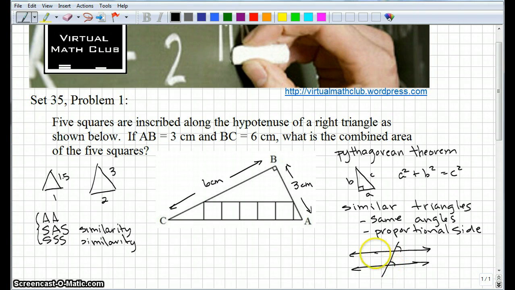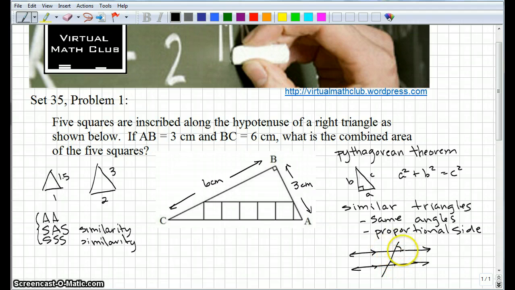Oftentimes you'll mark parallel lines like this to indicate that they are parallel. The corresponding angles are the angles on the same side of the parallel lines. You can imagine if you just slid the second line up to the top, these are considered corresponding angles.